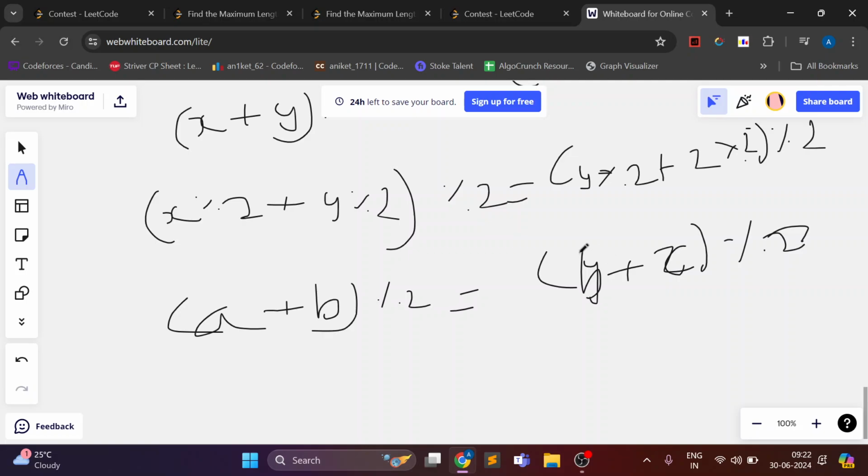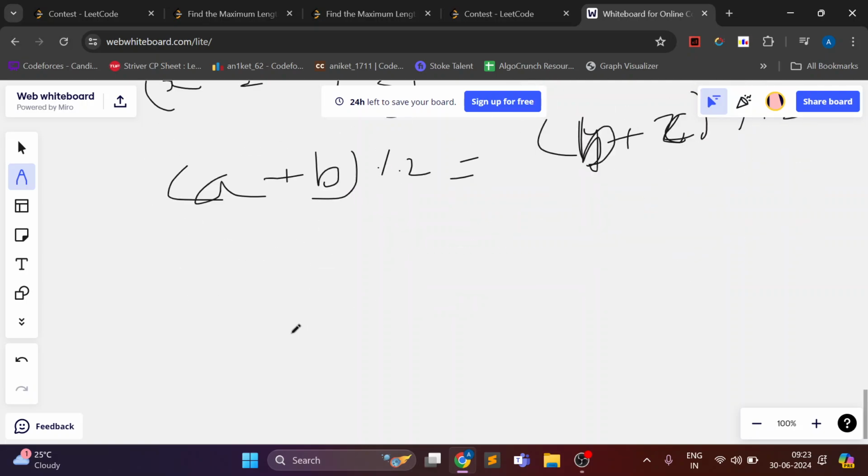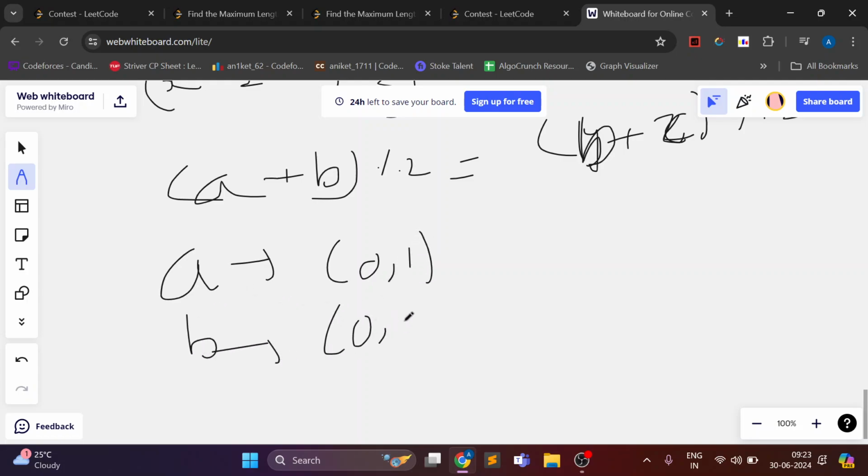We know that after taking mod 2, the value would be less than 2, meaning x mod 2's value would be less than or equal to 1. So what are the possible values of a? 0 or 1. Of b? 0 or 1.